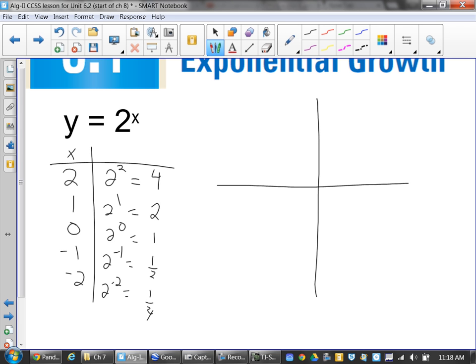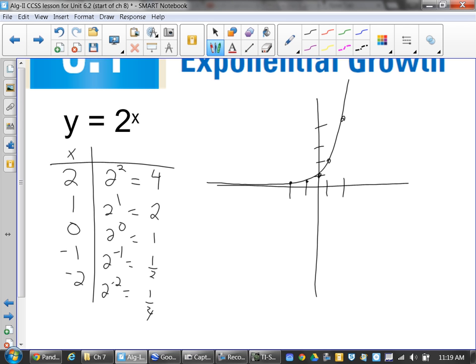We start with graphs this way. Make tables, plot points. So 2 to the negative 2 is a fourth, a half, 1, 2, 4. So your graph is doing that.